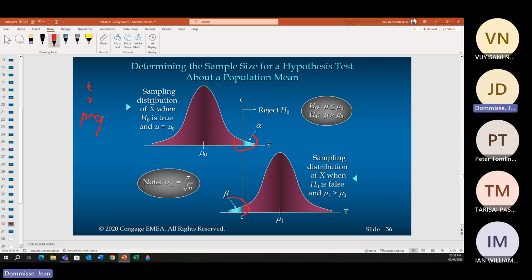So we will make the same assumptions. It will just be one of the steps that we will look at. I think what is important is this one tail that we're going to look at.